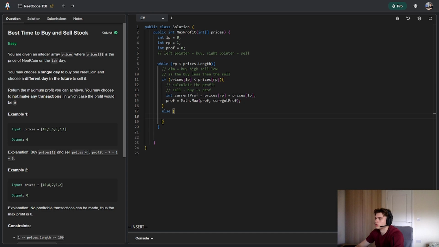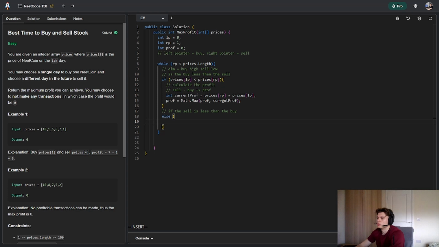What is our other condition though? So we've done if buy is less than sell. So else is if the sell is less than the buy. We don't want to do this because if we leave it, it's going to be a negative profit. You don't want a negative profit. We want to always maximize it.